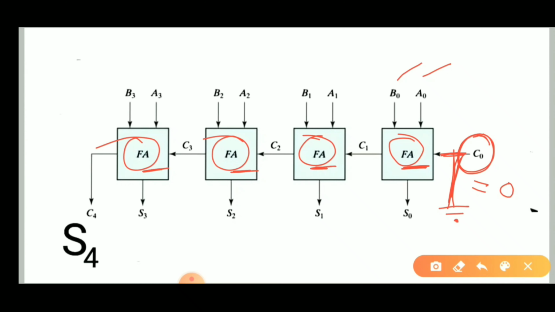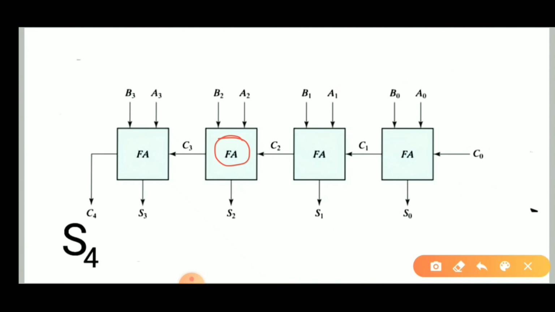Now let us come to the second full adder. Here the inputs are A1 and B1 and the outputs are sum S1 and another one carry C2. Again for the third full adder, A2, B2 and C2 are the three inputs and S2, C3 are the outputs.